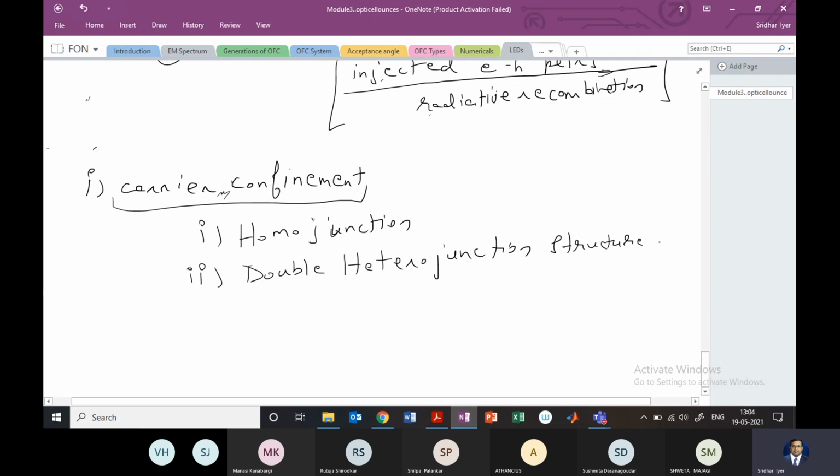Of the homojunction and the heterojunction structure, the most popular and the most efficient is the double heterojunction structure.